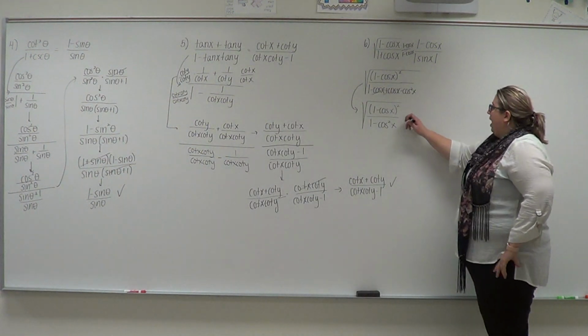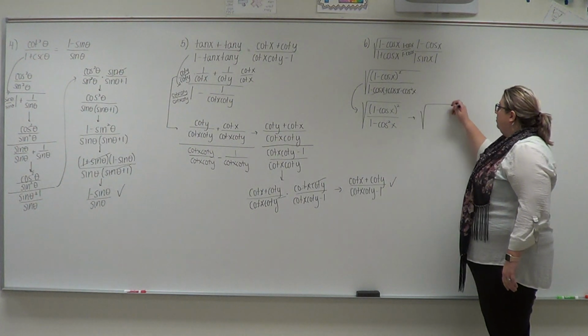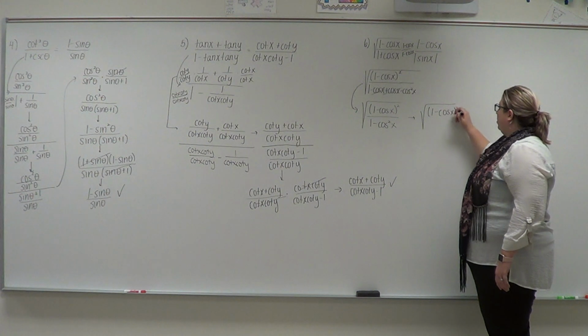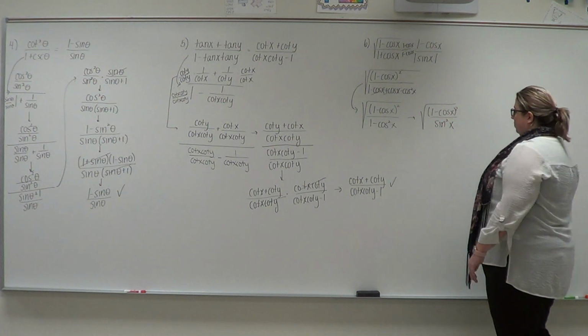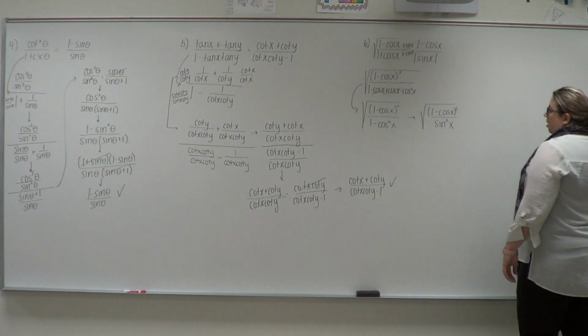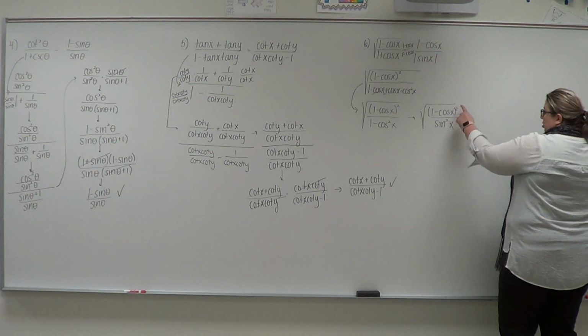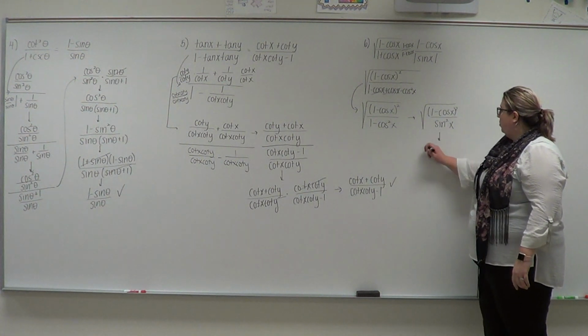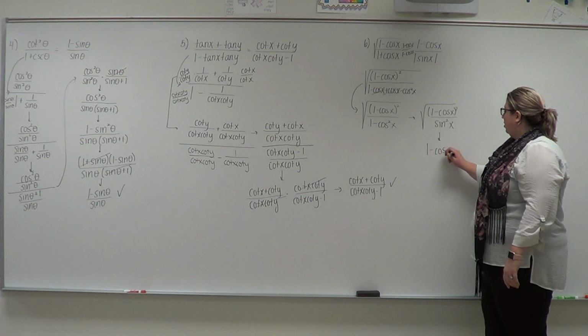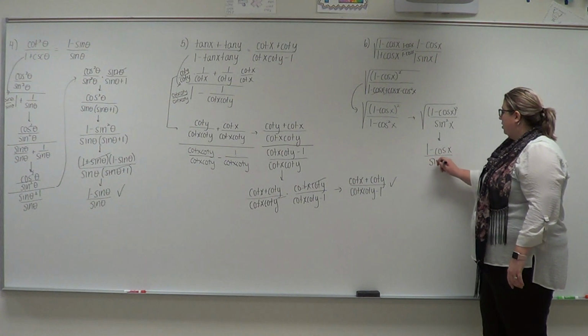Okay, if I look at my Pythagorean identities, I can replace 1 minus cosine squared with sine squared. Now that I just have a squared on top and a squared on bottom, the square roots cancel them. So then this would just become 1 minus cosine over sine.